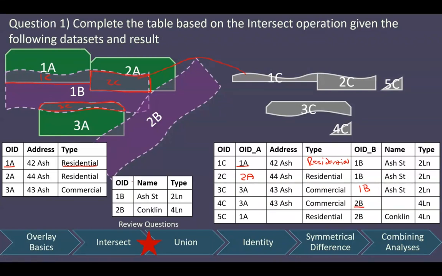So we're going to go to the B attribute table, find the 2B row, and grab the name, which in this case is Conklin. And then finally, doing that same sort of logic, 1A, we're going to go to the A attribute table, grab the 1A row, and then we're missing the address, so we're going to grab 42 Ash.